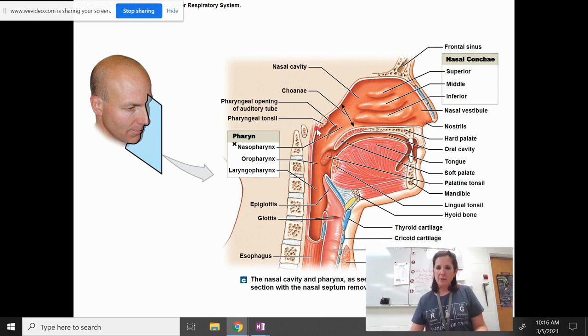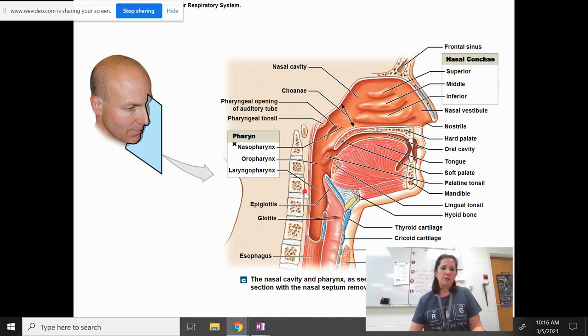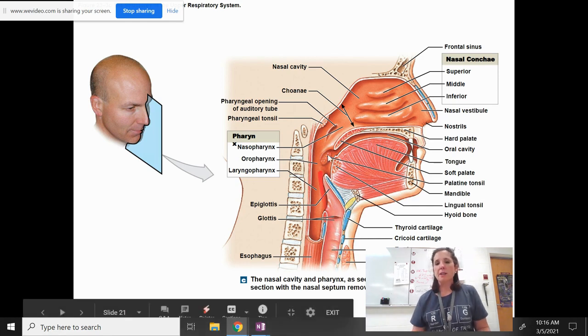And you have, let's see if it's showing this. It does, the epiglottis. So, this is right here. You can see this right here is going into your trachea. This is going into the esophagus, into the digestive system. So that epiglottis will come down, it'll cover the trachea when you're eating.